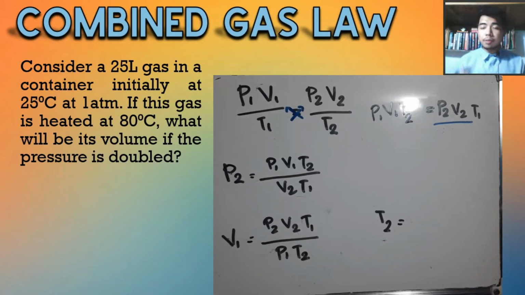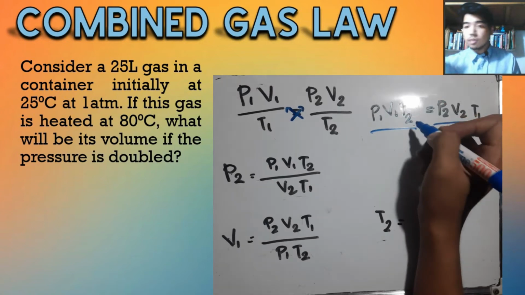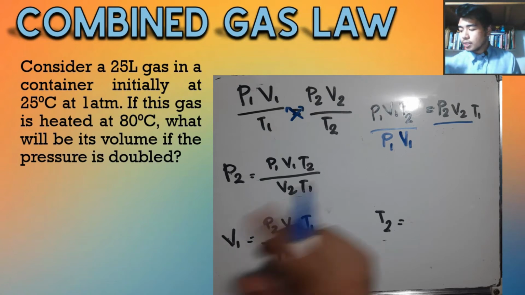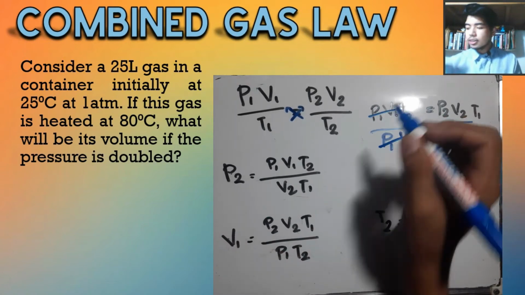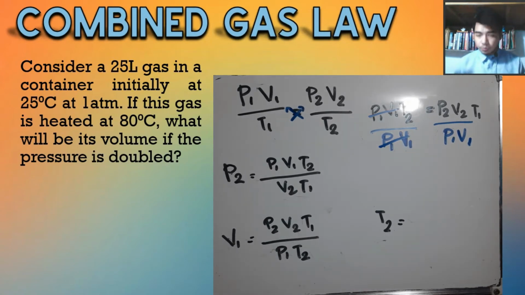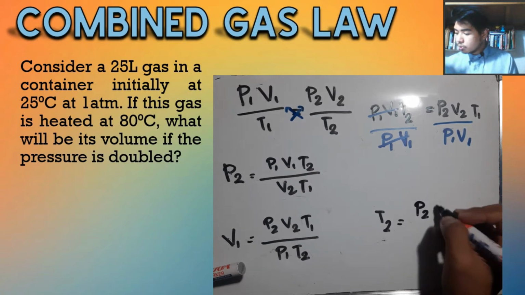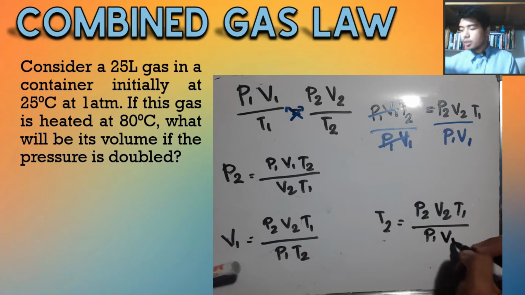Now, what formula do we use if we are looking for T sub 2? We isolate T sub 2 and divide both sides by P sub 1 and V sub 1. Then, canceling the terms gives us the formula T sub 2 equals P sub 2 times V sub 2 times T sub 1 over P sub 1 times V sub 1.